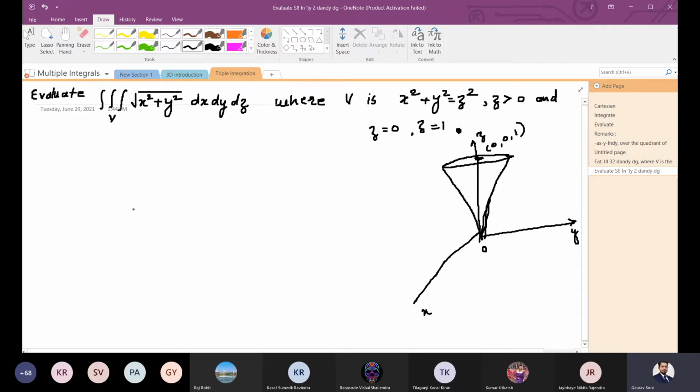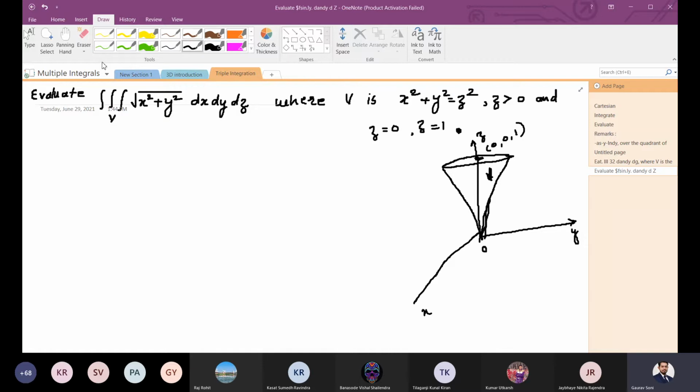I need to evaluate the triple integral over the volume bounded by this cone and the plane z equal to 1. This is the structure we get and the volume over which we are evaluating. I hope it is clear up to this.